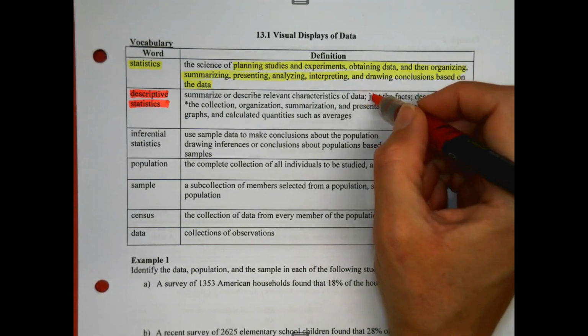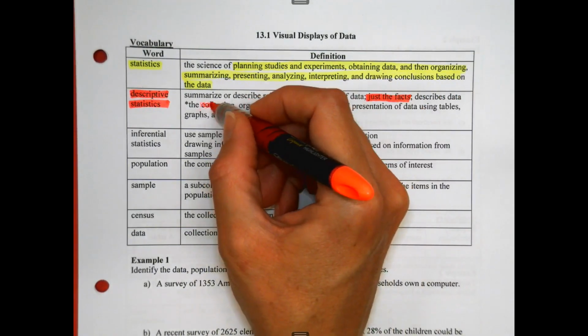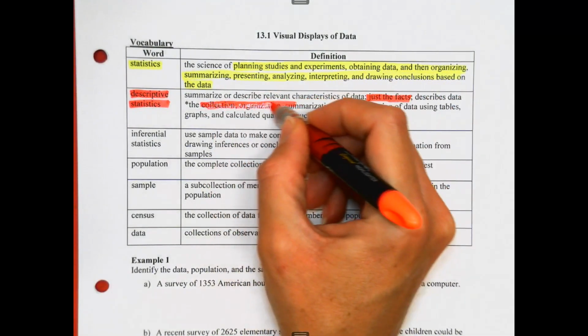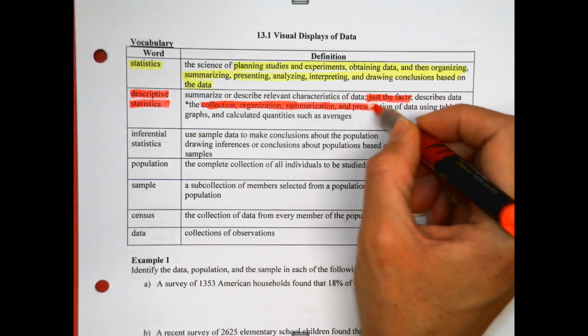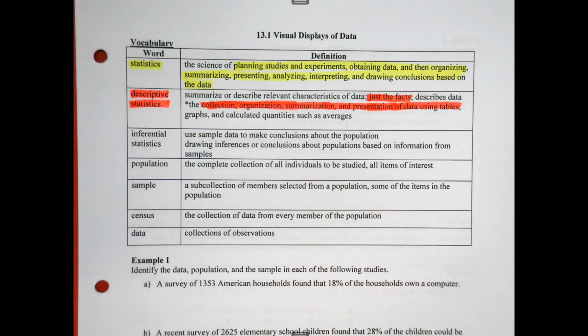When you hear about statistics, this is probably the stuff that you are thinking of. It's the graphs and the calculations for mean and median, standard deviation, those kinds of things.